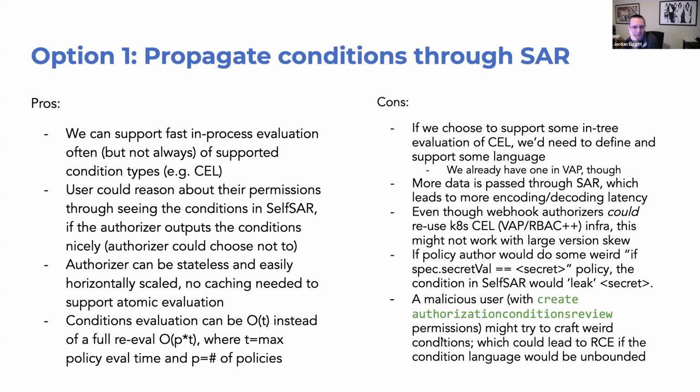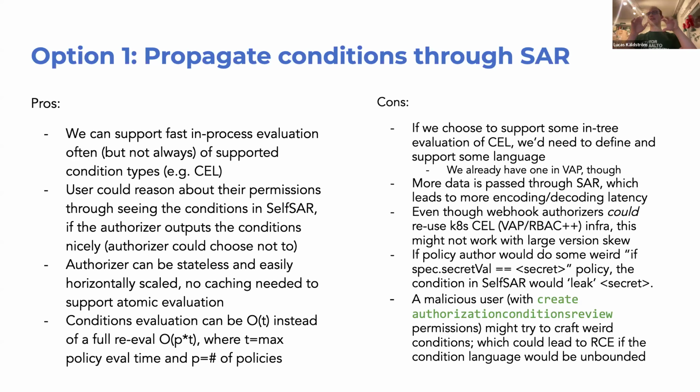Setting the expectation that conditions are not confidential. Any user by default can run subject access reviews on themselves and see the conditions you're attaching to their authorization. If you don't want them to see it, you should use opaque conditions. Yeah, and the API server could have, or the authorizer could have a flag for that.